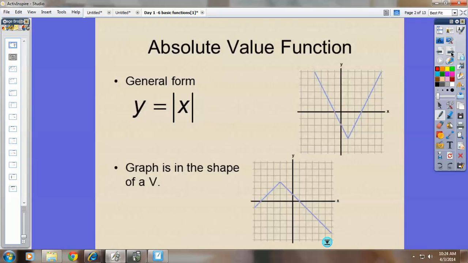We know that under the general form here, we know it's an absolute value function if it has those absolute value bars in it. That's the giveaway. That's how we know exactly what type of function it is here. Linear equations are usually written in slope-intercept form or standard form, where absolute value functions have those absolute value bars in them.